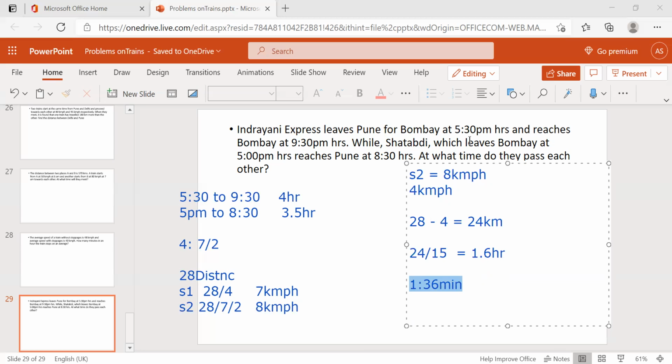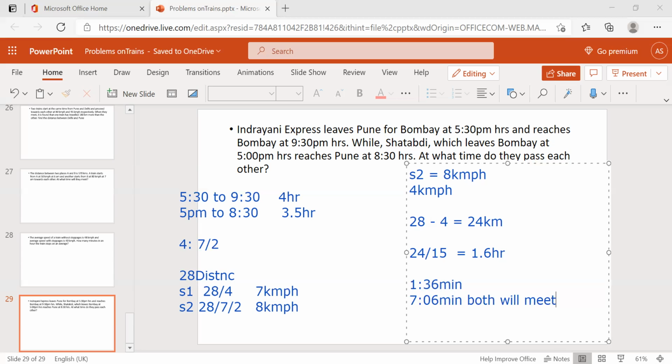You should remember this: we count this time from when the later train started, which is 5:30. So 5:30 plus 1 hour is 6:30, plus 36 minutes makes 7:06. At 7:06, both trains will meet.